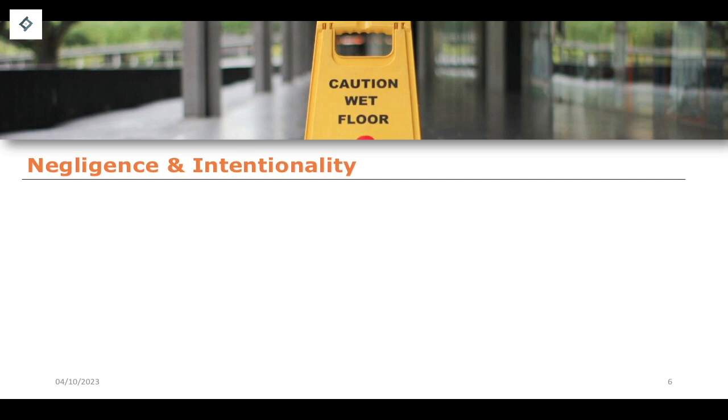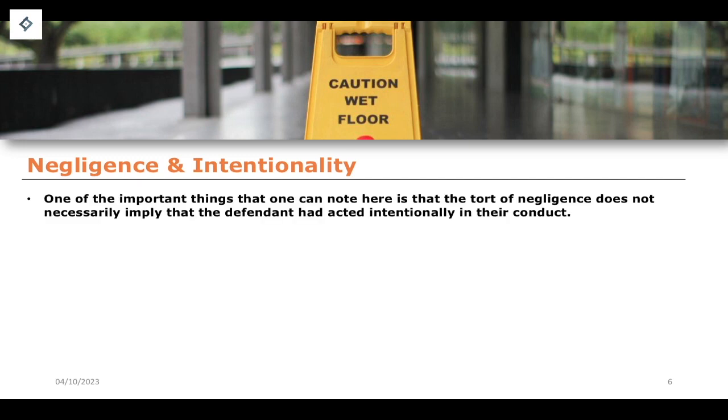The final thing I want to note is that we have a look here at the distinction between negligence and intentionality. Because one of the most important things that we can know about the tort of negligence is that it doesn't necessarily imply that the defendant had acted intentionally in their conduct. In fact, it actually implies the opposite of that, that it was not intentional, that negligence was something relating to things like carelessness.